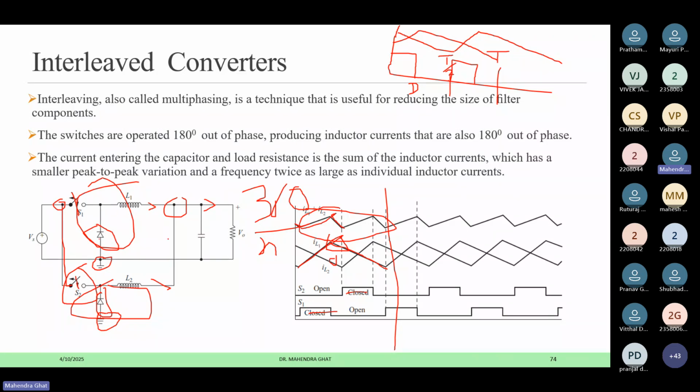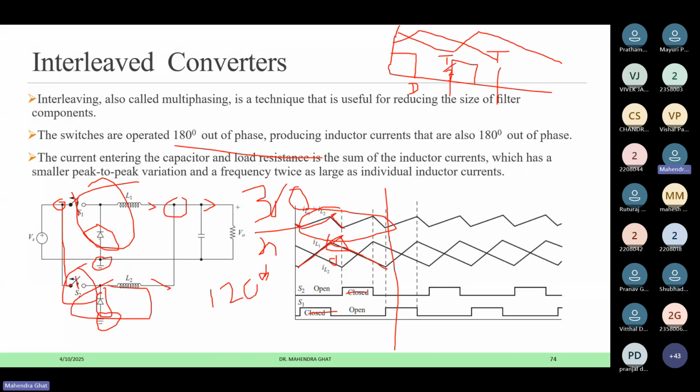Here two are there, so 360 divided by 2, 180 degrees, which we did. If three converters are there, then 360 by 3, so we have to interleave with a 120 degree phase angle. If it is 4, then 90 degrees. Like that, whatever number of converters there are, you can have that much phase difference between all the converters.